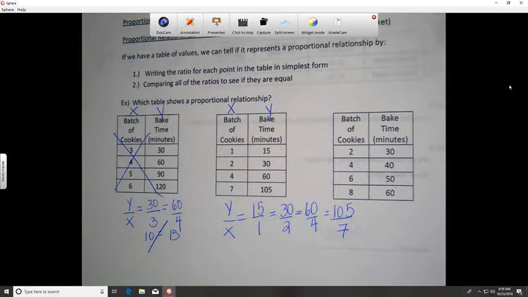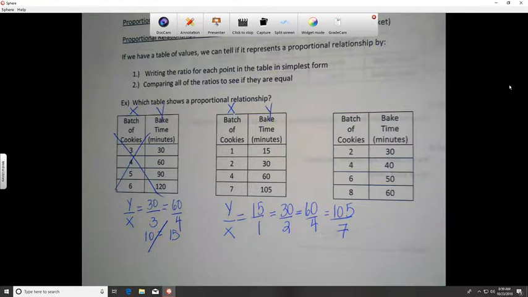Should equal 60 divided by 4. Could you check those out, see if they're the same? They're not the same. You're right, it's not proportional, so write that down. When you divide each ratio, you get 15. So that table is proportional.